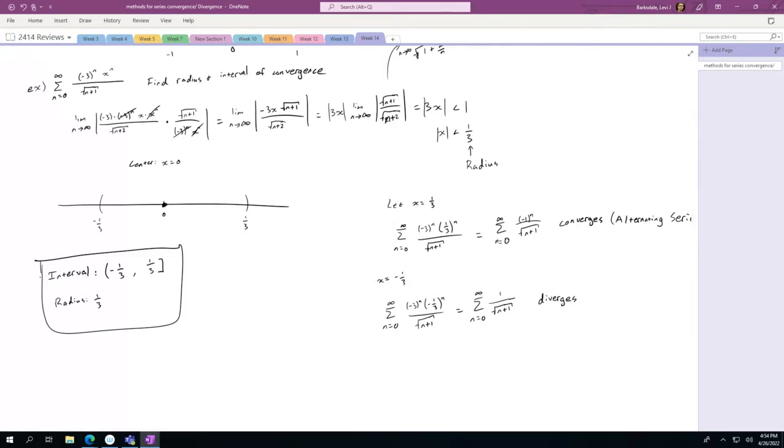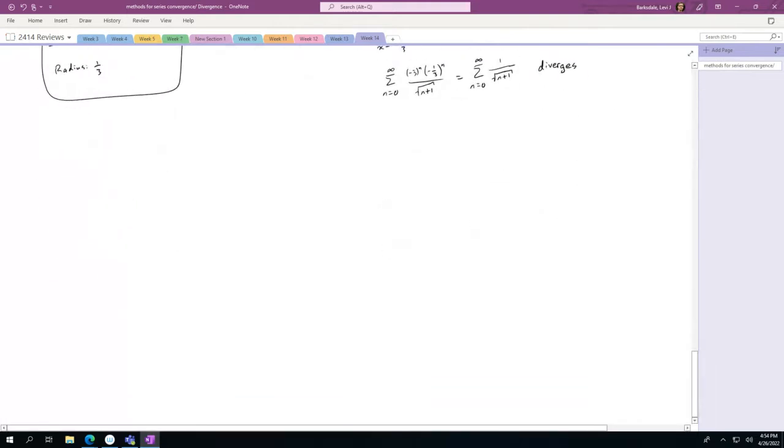Ready for a practice problem? Sure. All right. So find the radius and interval of convergence of the sum of n factorial times x to the n.